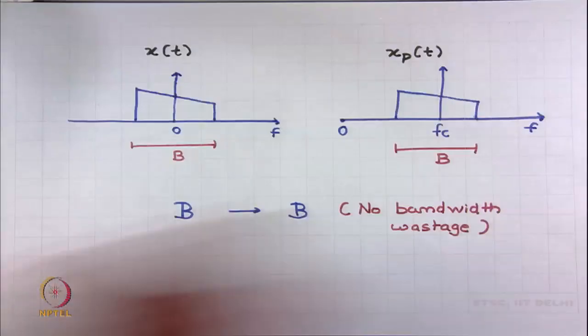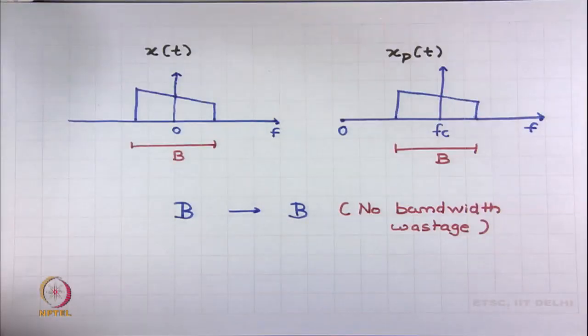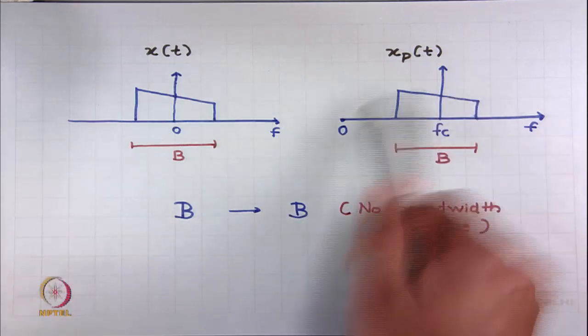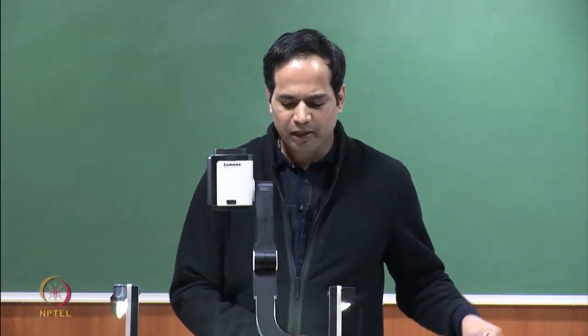And when this is converted to a passband signal, there is no bandwidth inflation, because the bandwidth of this passband signal is also B. Thus, if we have a baseband signal of bandwidth B, you can go to a passband signal also of bandwidth B, there is no bandwidth wastage.